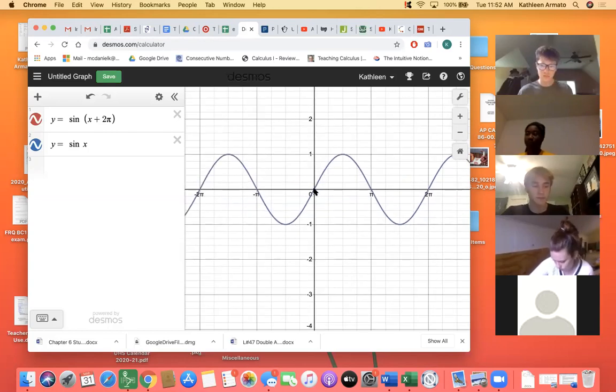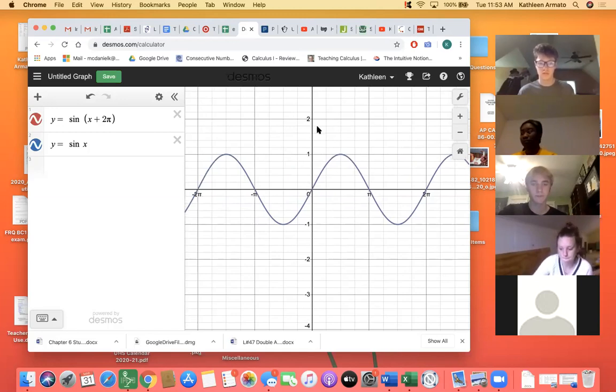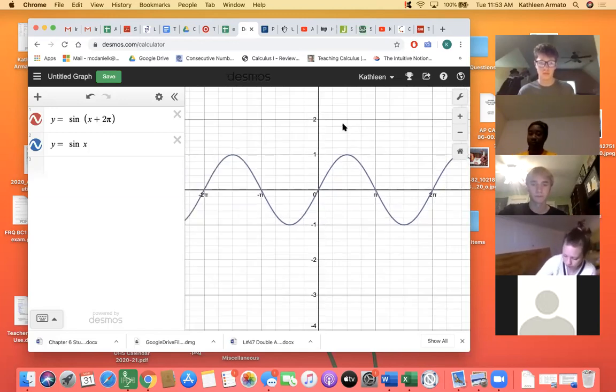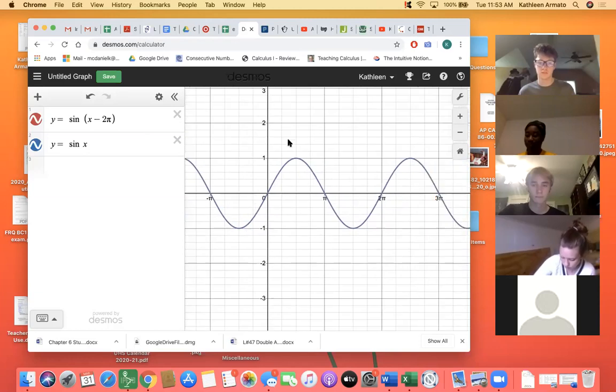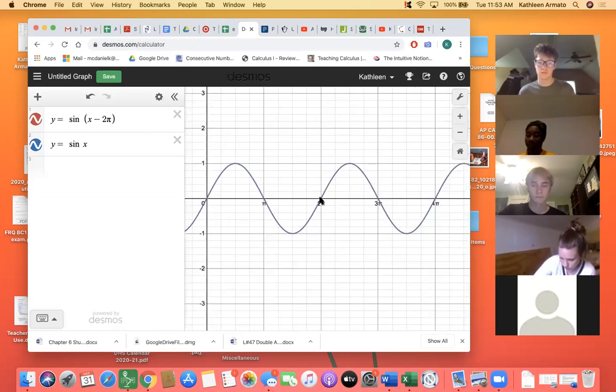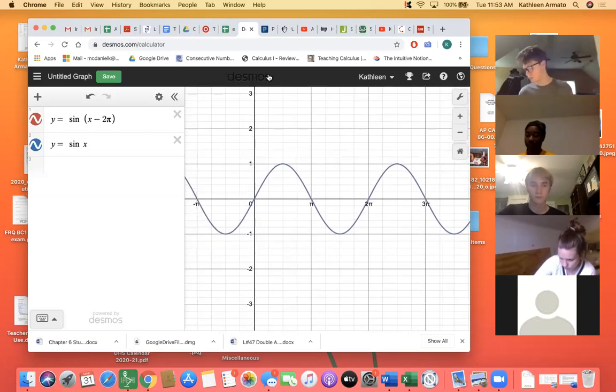Like if you move left 2 pi, you're right at the beginning of a period. So if you start a period there, you can't tell that it's different. The fact that it is the period means that it's going to look exactly the same as it did. And if I did minus 2 pi instead of plus 2 pi, that's going to move it 2 pi to the right. So it's going to start here. Well, there's already a period starting there. So that's kind of cool.